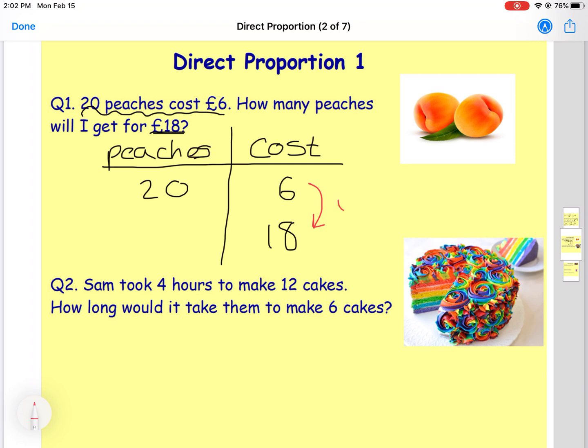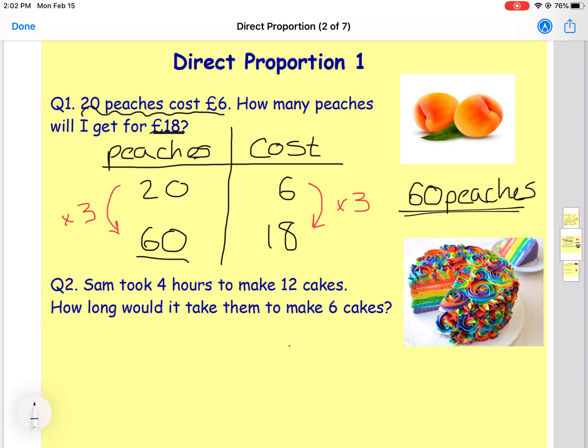So 6 up to 18, we have to times that there by 3. And we'll do the same on the other side. Multiply the 20 by 3, giving us then 60 as the answer. As before, when we did the ratio calculations, we want to take that number out to the side and put it in the context of the question. So I would get 60 peaches in question 1 for £18.